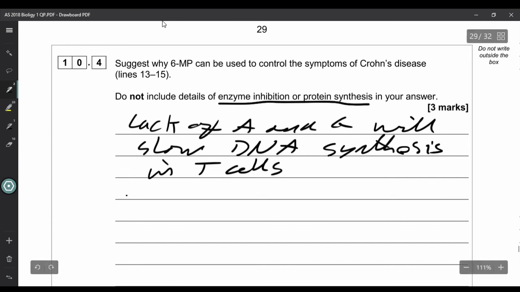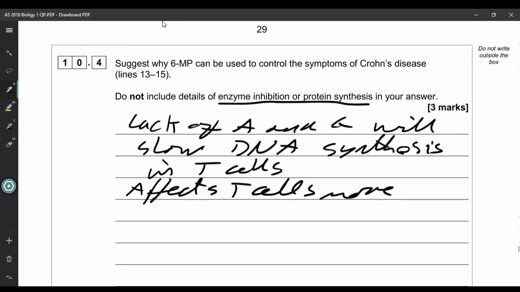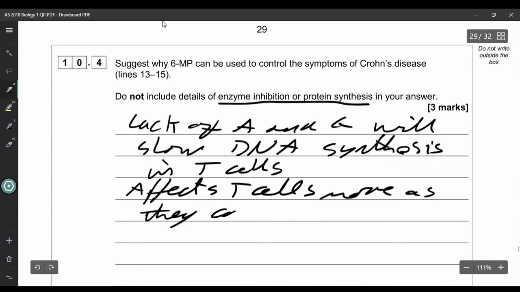Okay, so we can say that it affects T cells more, because it wouldn't be a very good drug if basically it was doing this to every single cell in the body. You're going to have massive side effects. So it's only going to affect T cells more, as they can't recycle these nucleotides.